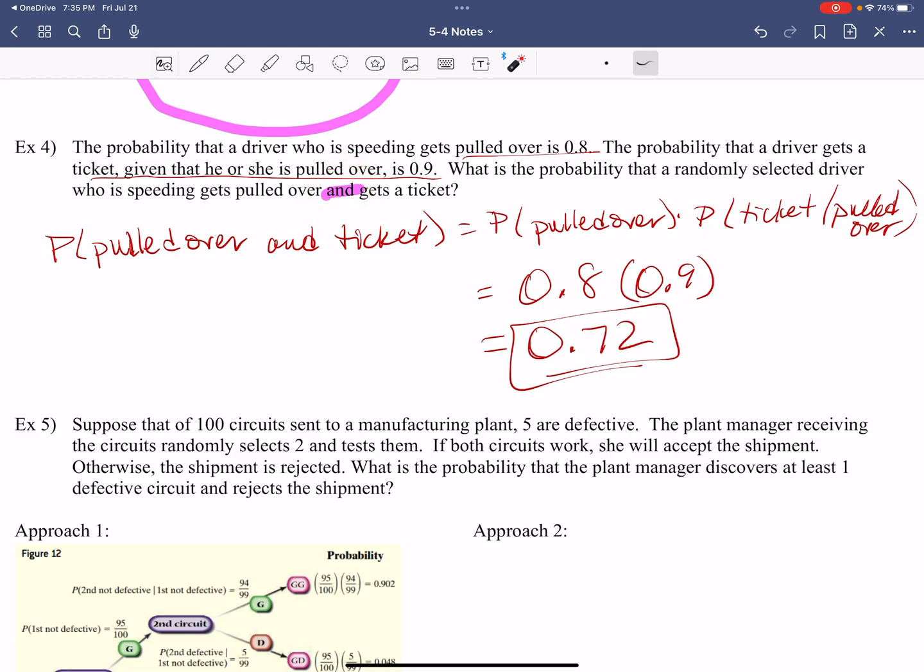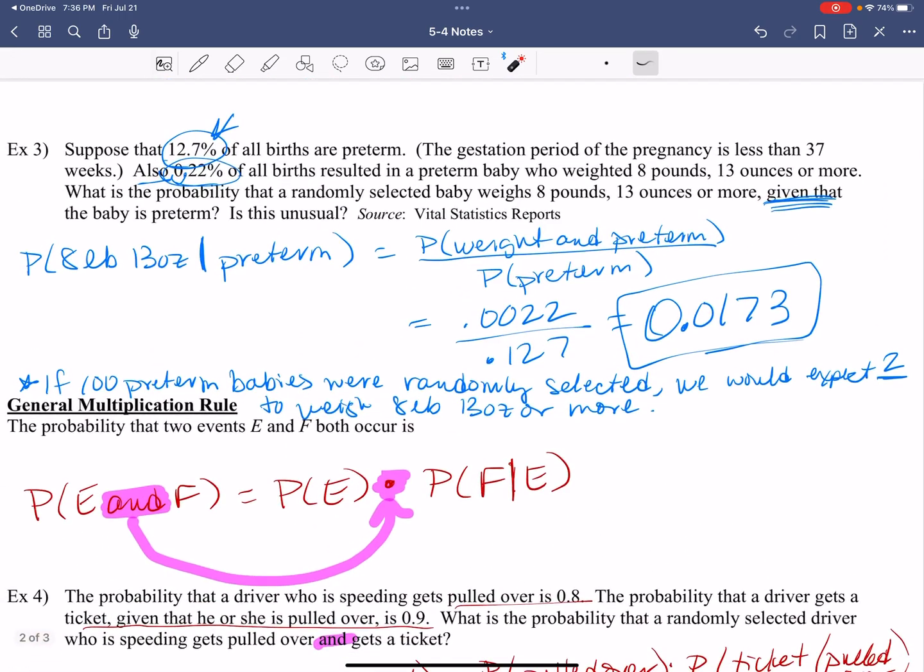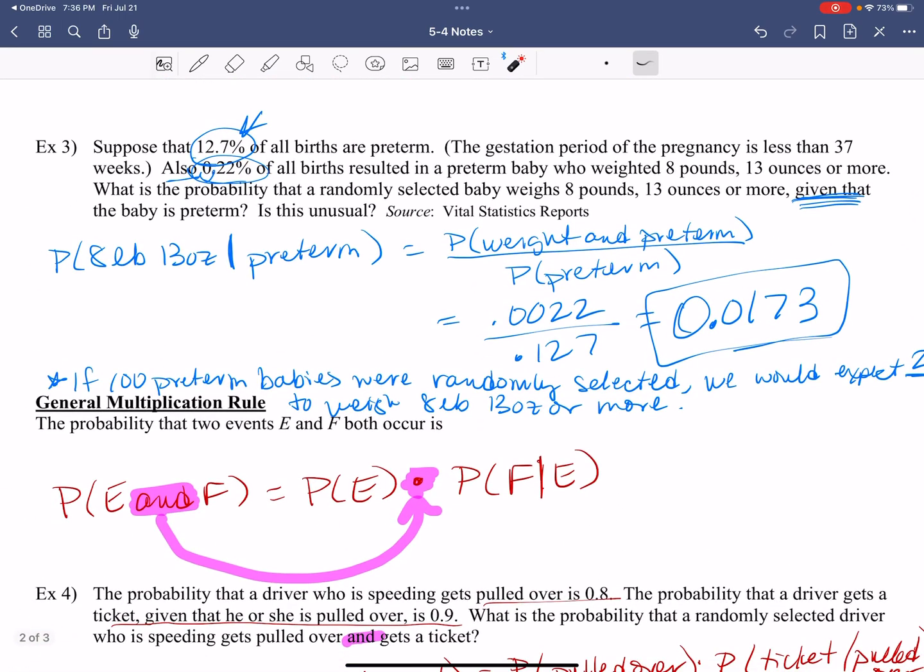Don't get all tripped up because of all this given that. People see the words given that, they automatically think division. No, get that out of your head. It depends on what it's asking. I'm going to scoot this down. Up here, my question says given that. So I have two separate pieces of data, and then my question is the probability, that conditional probability. The question asks given that.